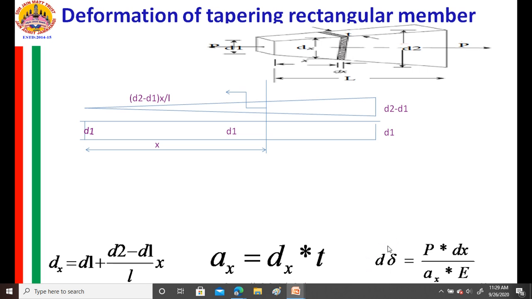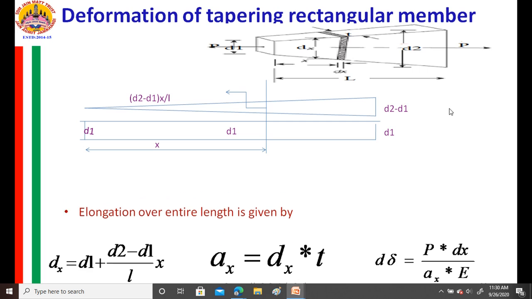Change in length is given by del L is equal to P into L divided by A into E. Now, in this part, change in length is del D. Like that, if I consider one more part, again at a distance of x, the expression for del D will remain the same. Therefore, I need to integrate it from one end to the other end, from x is equal to 0 to x is equal to L.